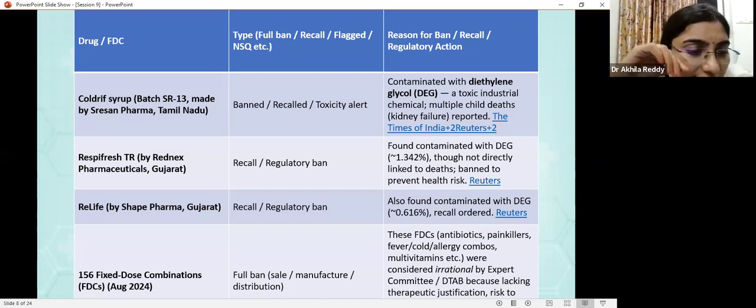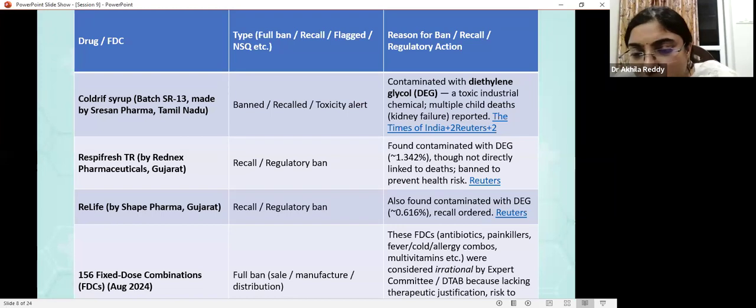And then the second thing is in Gujarat by Rednex, that is Respifresh TR recall, a regulatory ban. What happened? It was found contaminated with DEG at 1.342%, directly linked to the deaths, and banned to prevent health risk. See what it is, a drug recall.